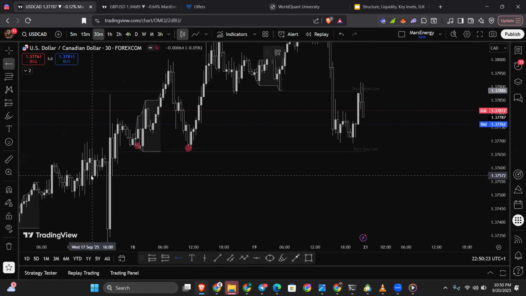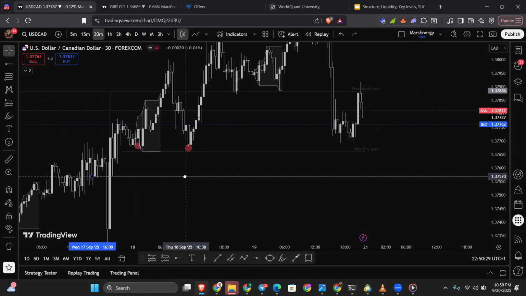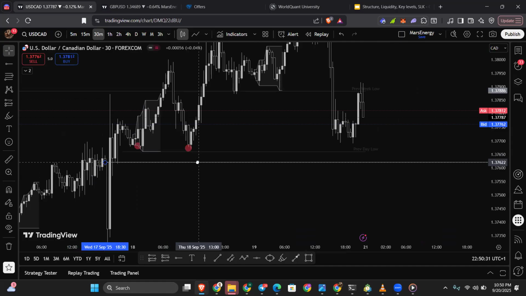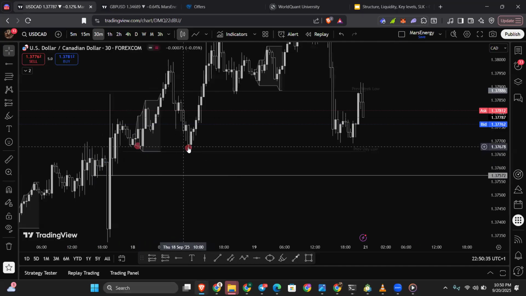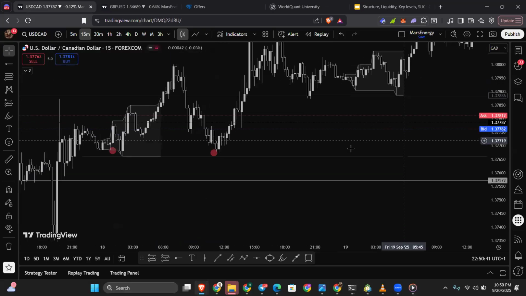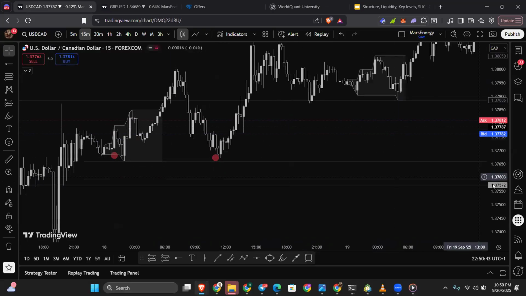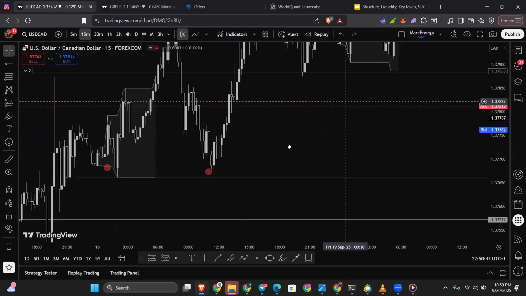We have a key level where price can actually react from. Either price uses this key level, or you use this open and close as well. But these are liquidity points that price needs to clear before price will move. Maybe the more you go down to a lower time frame, the more clearly you see it.